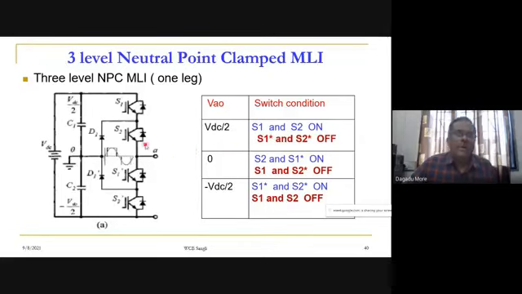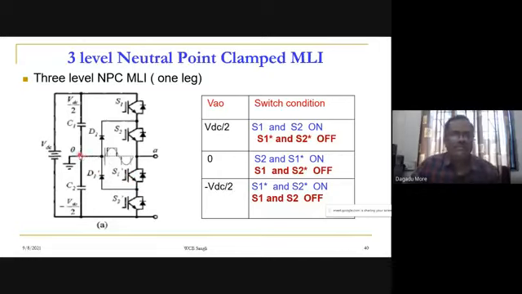Now whenever we switch on S2 and S1 dash or S1 star, these two devices, S2 and S1 star, are on. Let us assume the current is positive through this, then O point is connected to A. When the current is negative through S1 star, it will be connected to this.